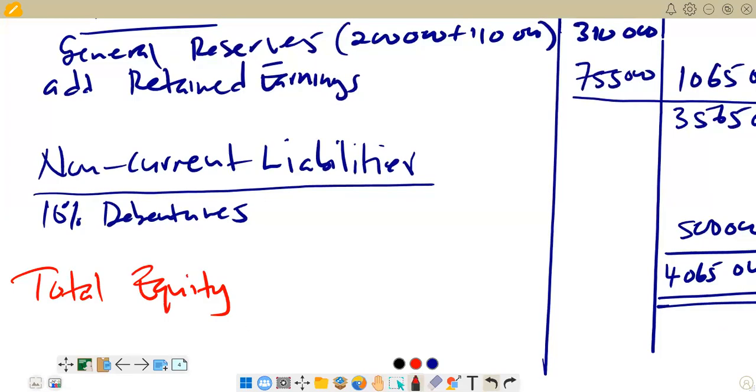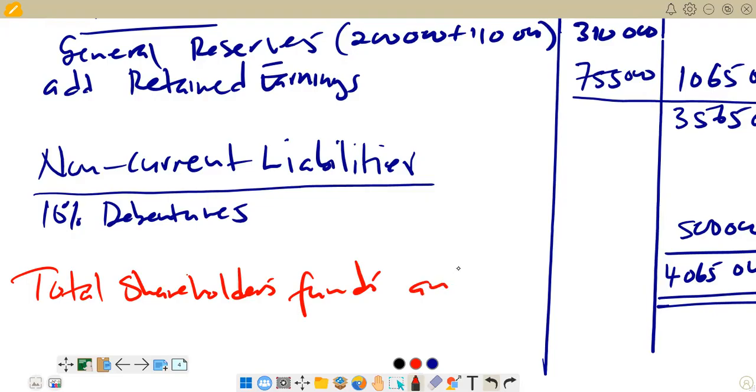You can use the term share capital or total shareholders' funds, and liabilities. So this is the figure that we have here.